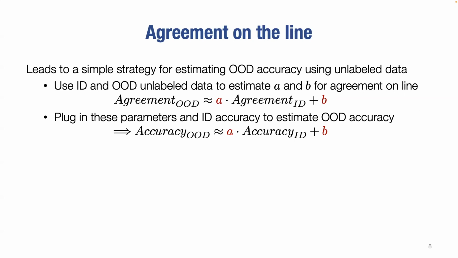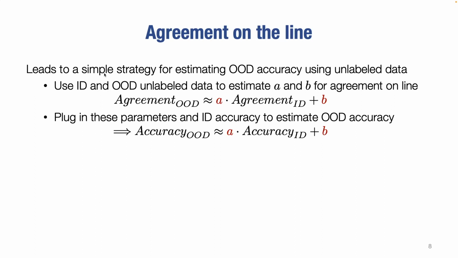So we believe that if our points lie in a line, then they lie in the same line. Like the accuracy on the line lies in the same line as agreement on the line. So I'm going to use my in-distribution and out-of-distribution unlabeled data to estimate just two parameters, basically, the slope and the bias of that line.